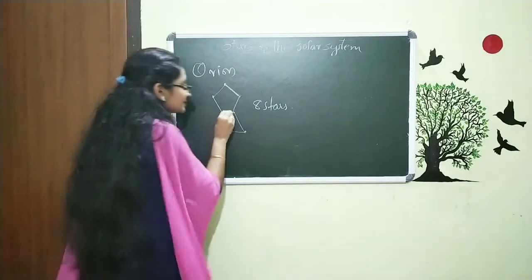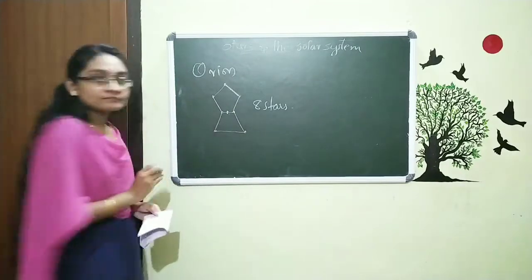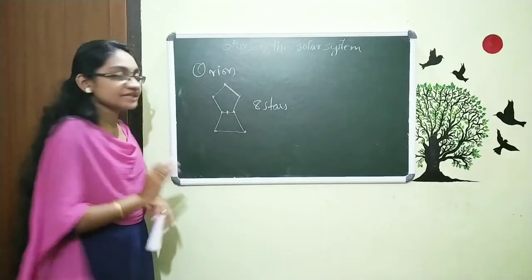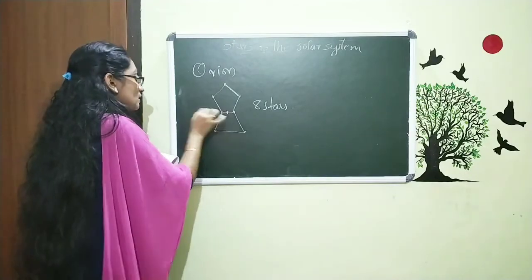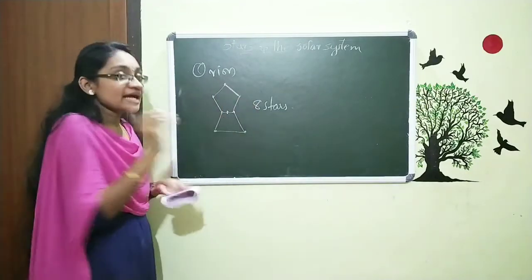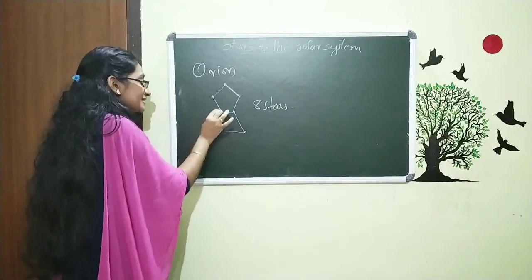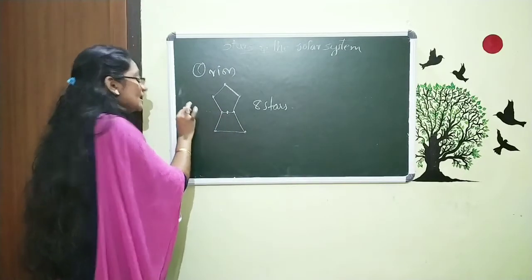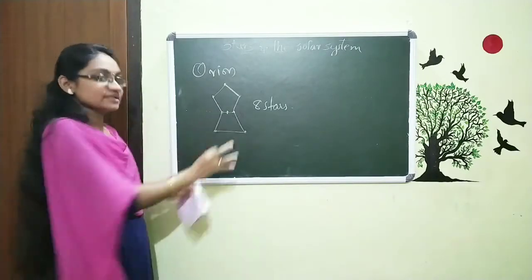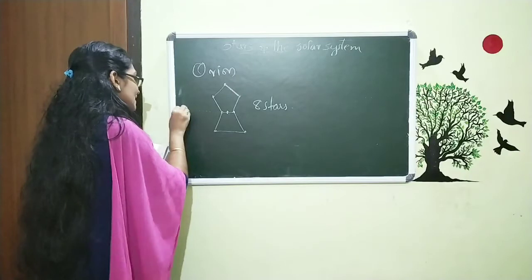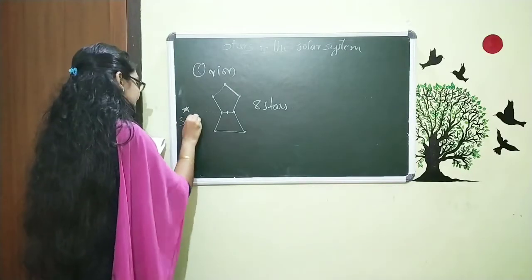The shape is like this. At the center we have 3 stars that are parallel. Parallel means in a straight line we have 3 stars. When we extend this as an imaginary line into space, you can see another star that is not part of this, and that star has the name Sirius.